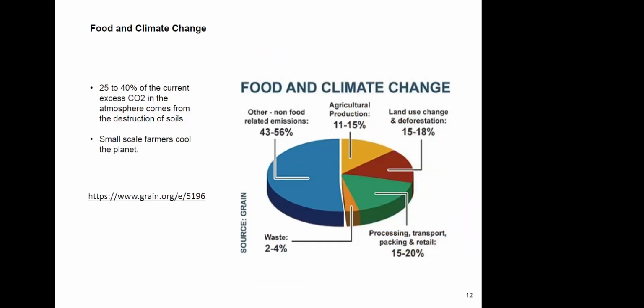If you need any information, I could suggest that this is probably one of the most reliable sources that you can go to. What I find the most interesting here is the statistic in the top left-hand corner, which is that 25 to 40% of the current excess CO2 in the atmosphere comes from destruction of the soils.